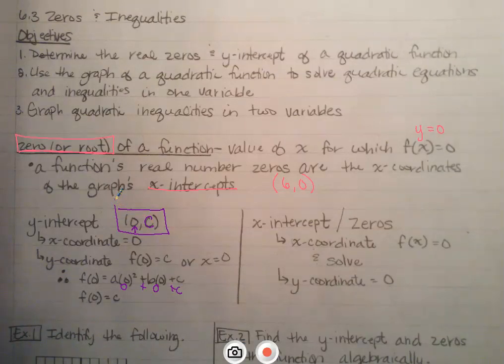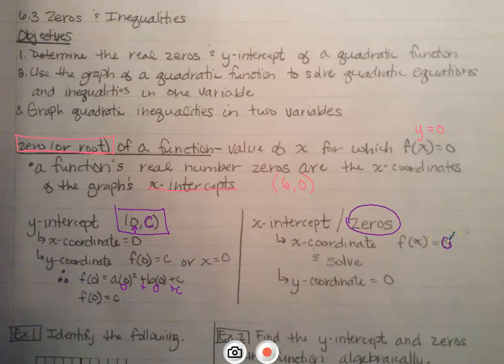Now, our x-intercepts, or our zeros, is what we're talking about today. It's the x-coordinate. So here, f of x equals 0. When everything on the right equals 0, that is going to be our x-intercept. So we have to write the equation: our f of x, or our function, equals 0.